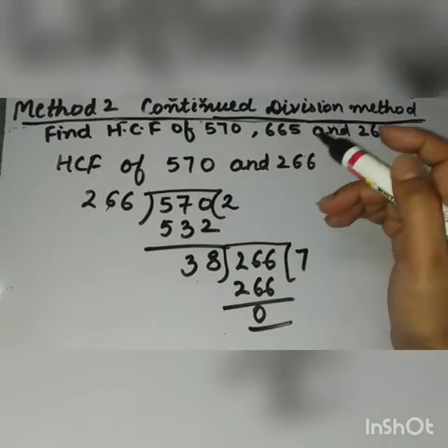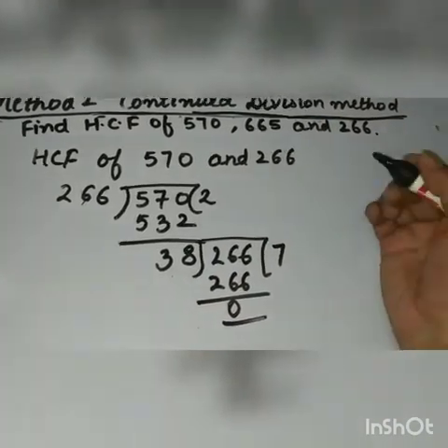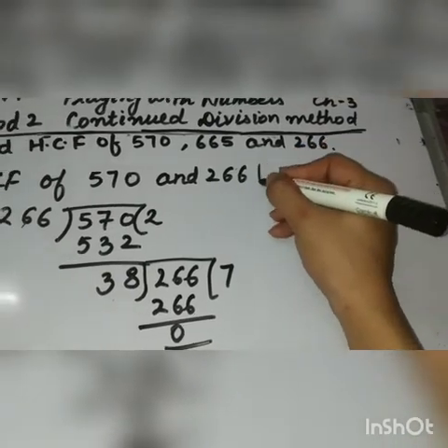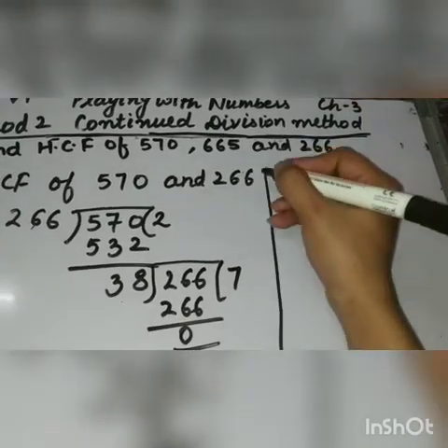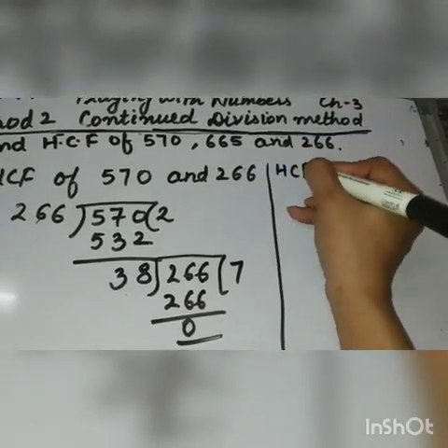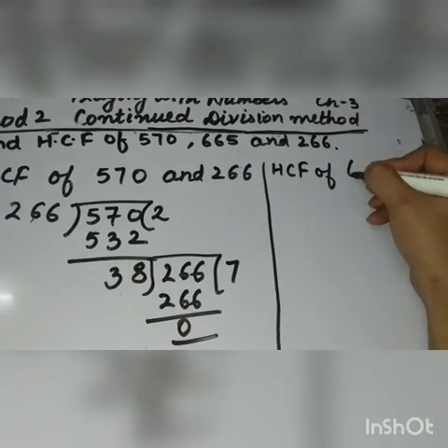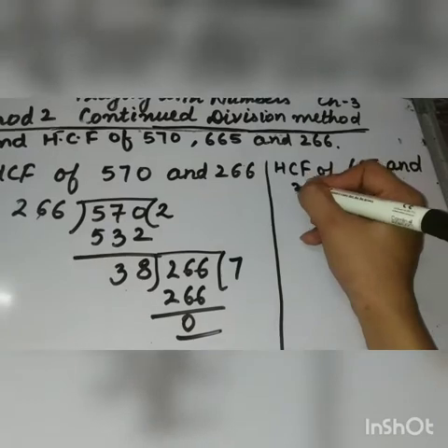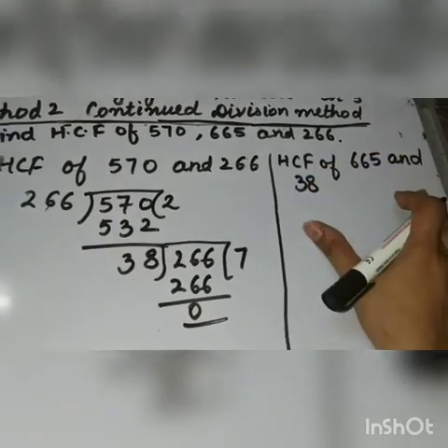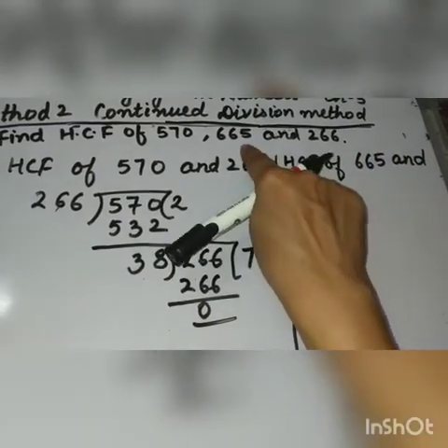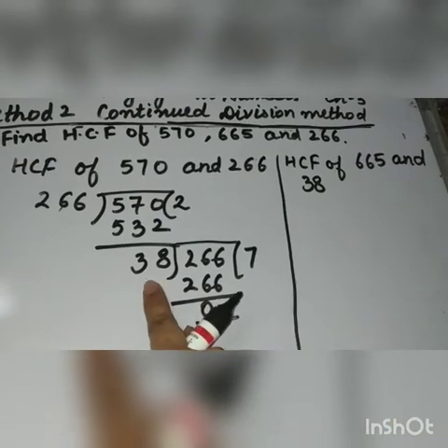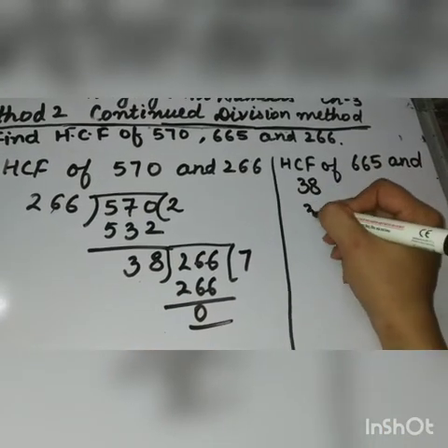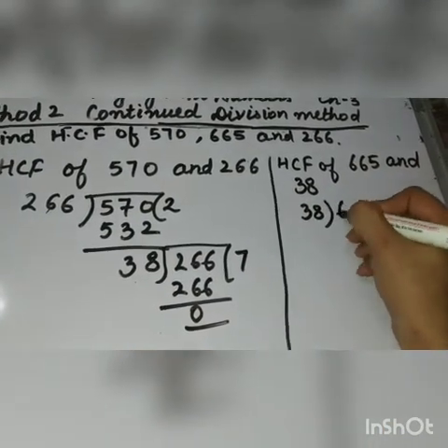The remaining number is 665. So you will find the HCF of 665 and 38. Start dividing.